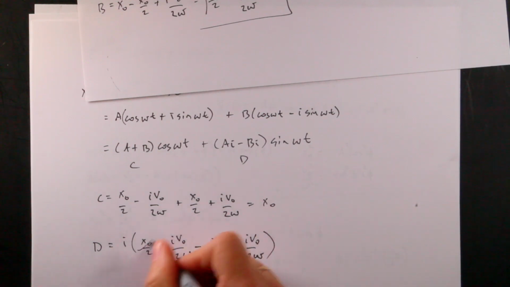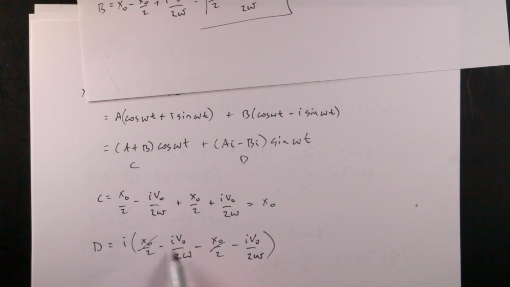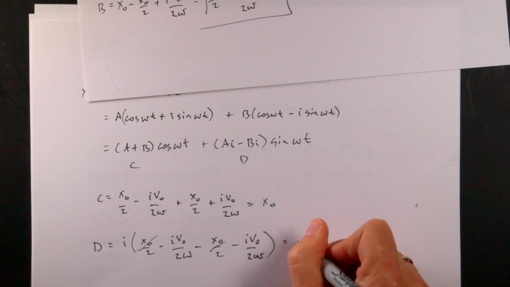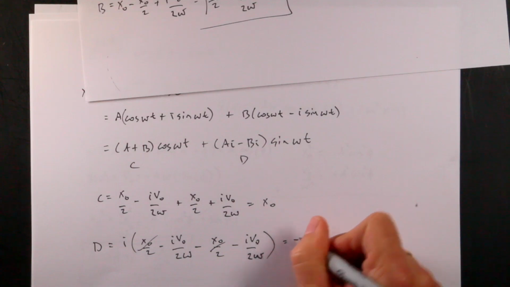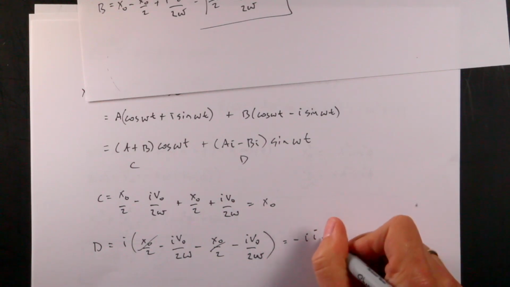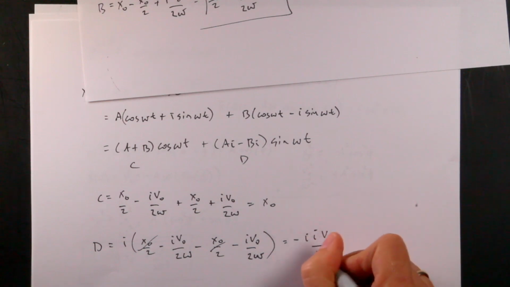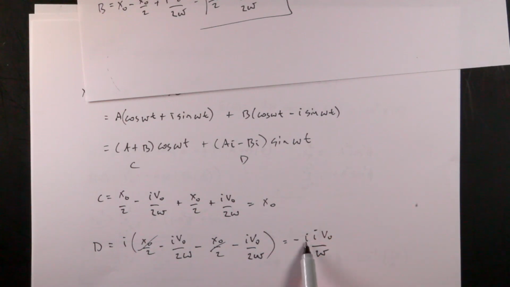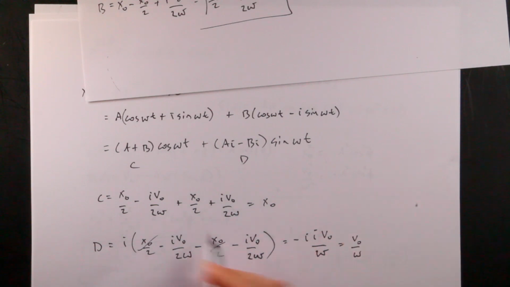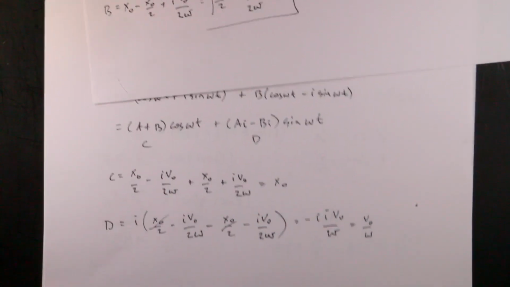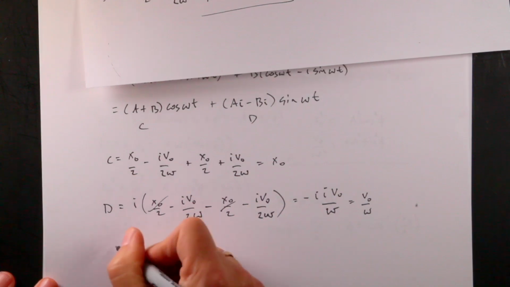So now these cancel, and I get 2 of those, and the 2's cancel because I'm adding them. So I get negative i times i v0 over omega, and that's going to be just 1. So it's just v0 over omega.